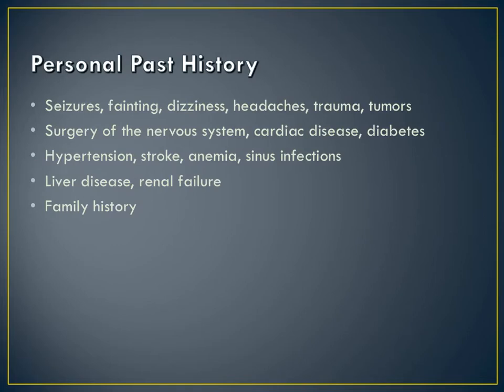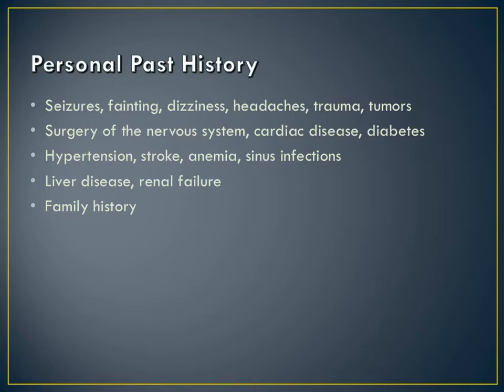One thing with neuro is you're going to want to make sure that the individual you're talking to is actually a good historian and a reliable historian. And then take your examination of their past medical history as far as neuro from there.